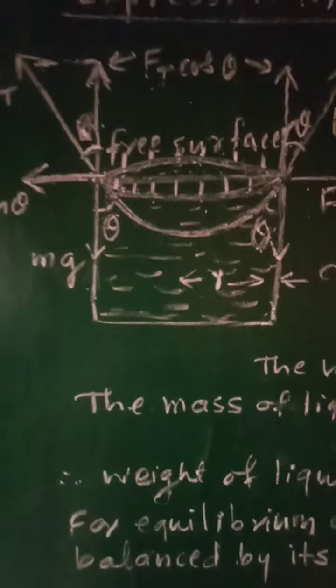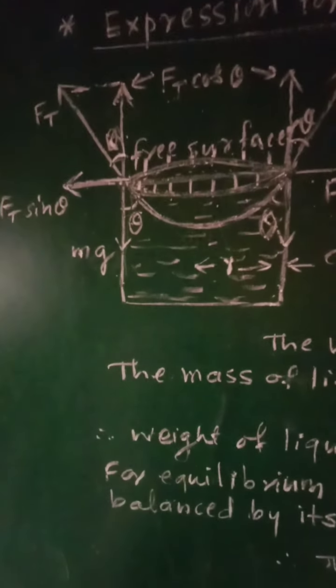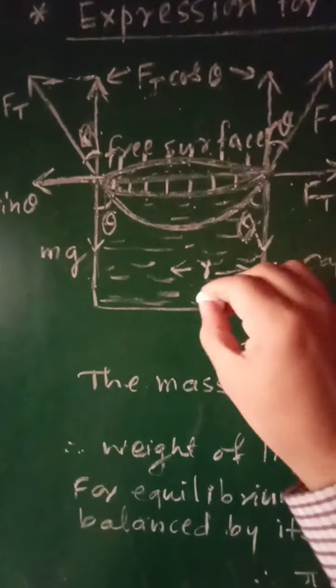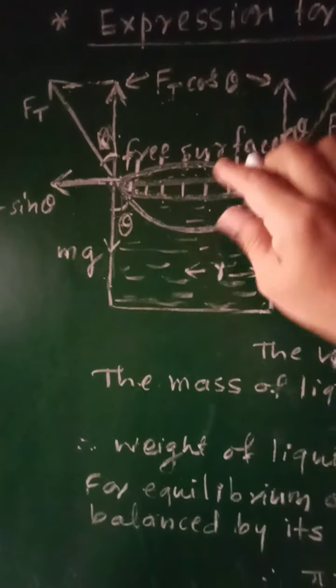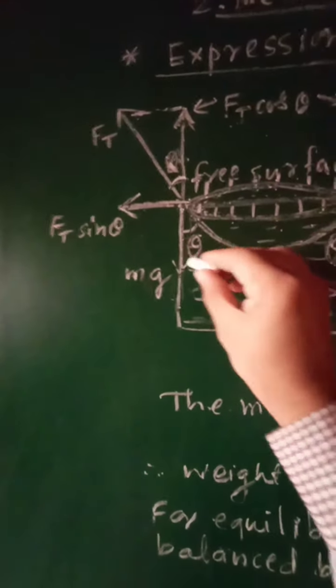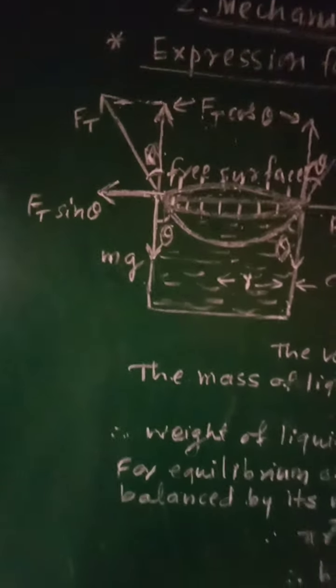At the same time, in equilibrium position of that liquid column, in order to balance that liquid column, there must be downward force. So this liquid column will be having its own mass, and therefore gravitational force, that is weight of it, will be acting in the downward direction, that is mg.